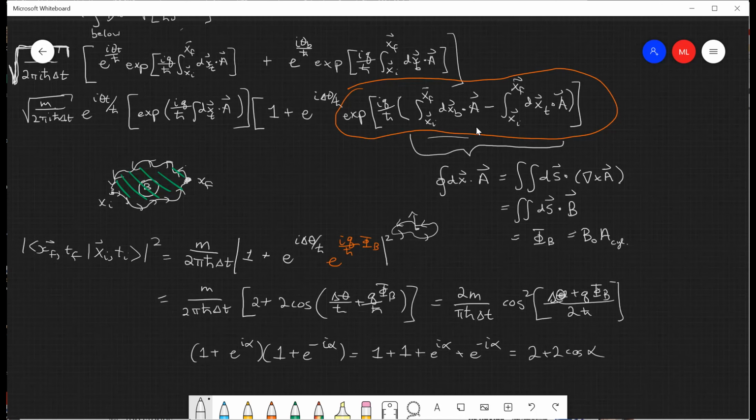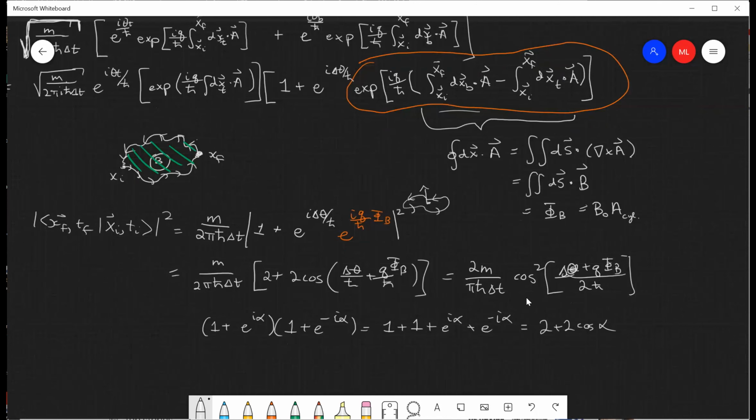What does it mean? It means this has real consequences for experimental measurements. The probability that you end up in some final location will depend on the magnetic flux.